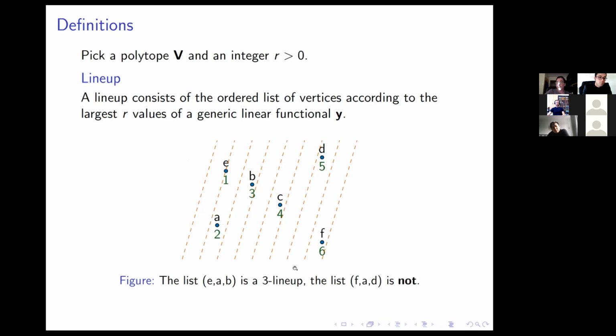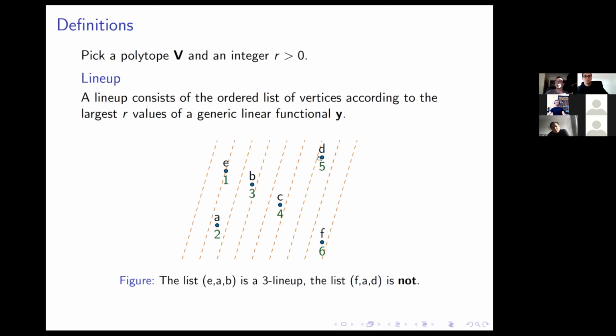And some things are lineups and some things are not. So again, a lineup is just a possible order. EAB is a possible lineup. FAD is not a possible lineup. You think about this for a while and you realize there is no way that F is the largest one for a functional, A the second largest one, and D the third largest one. No way. This is where combinatorics will come into play, oriented matroids and whatnot.